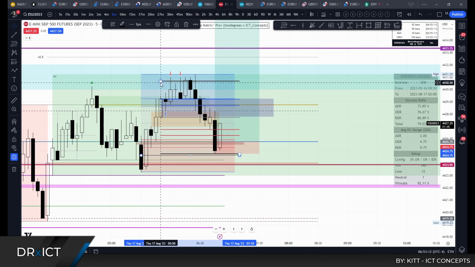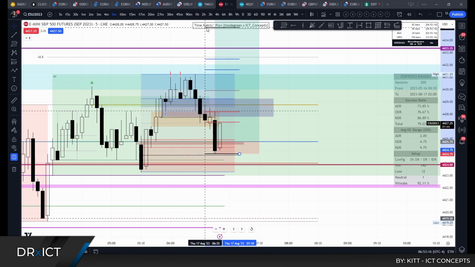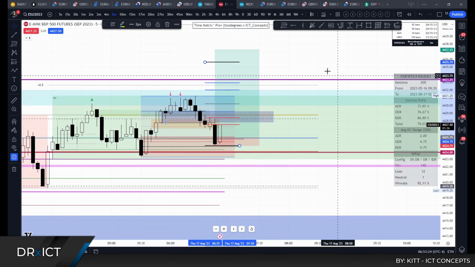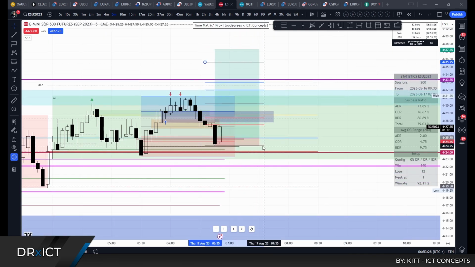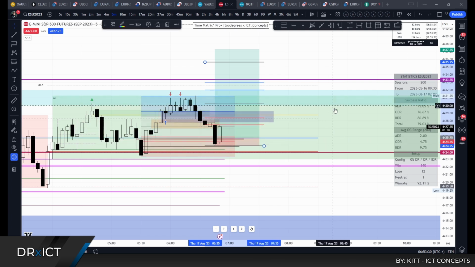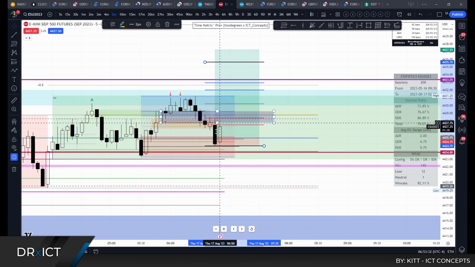Next projection, since that was onsides, and then project this balanced range up. I would say this is my new target, based off of this order block here.